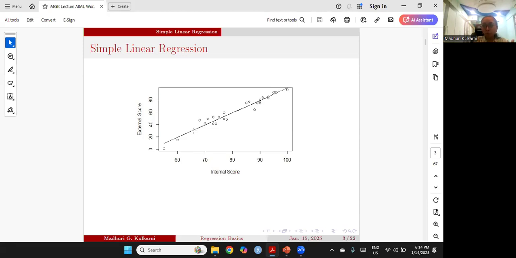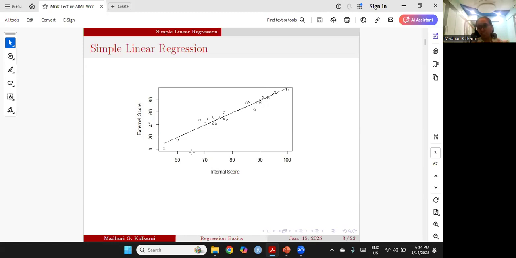What would have been his score? Using the regression model technique, he can fit this regression model to the data and then predict the score of the student who has got 65 marks in the internal, even though actually in the data set there is no student who has got exactly 65 marks.